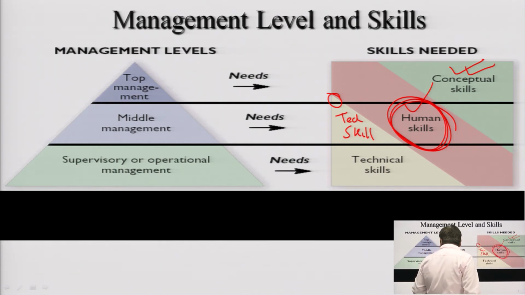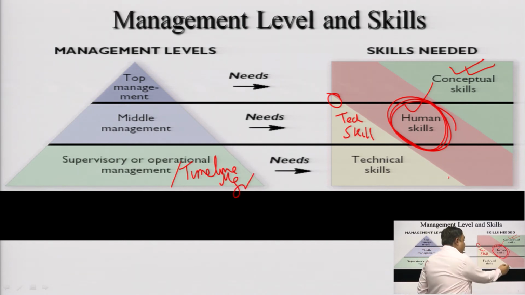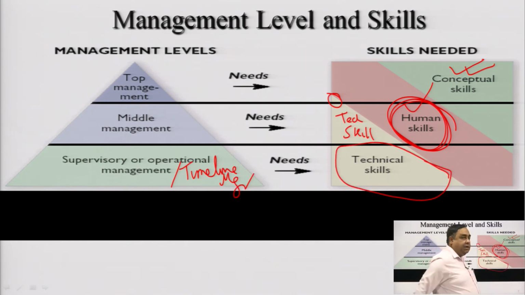As we go further down, the supervisors, the operational managers or the frontline managers need maximum technical skills. The people at the lowest level require maximum technical skill, and please note very carefully, they require very little conceptual skill.